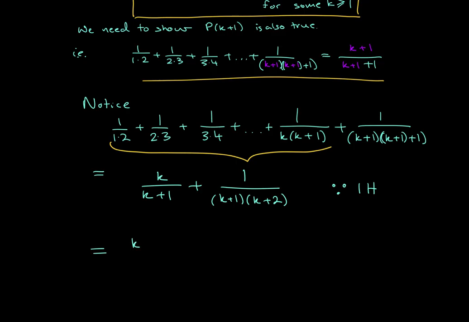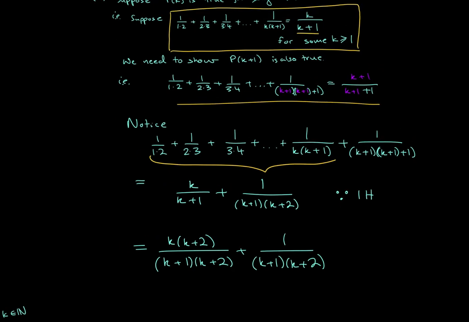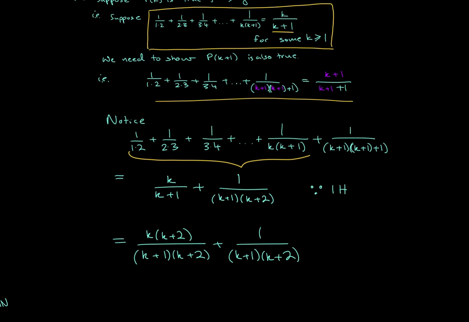This is the same thing as k times k plus 2, all divided by k plus 1 times k plus 2, plus 1 divided by k plus 1 times k plus 2. And again, at the end, I am really hoping that this is equal to k plus 1 over k plus 2.